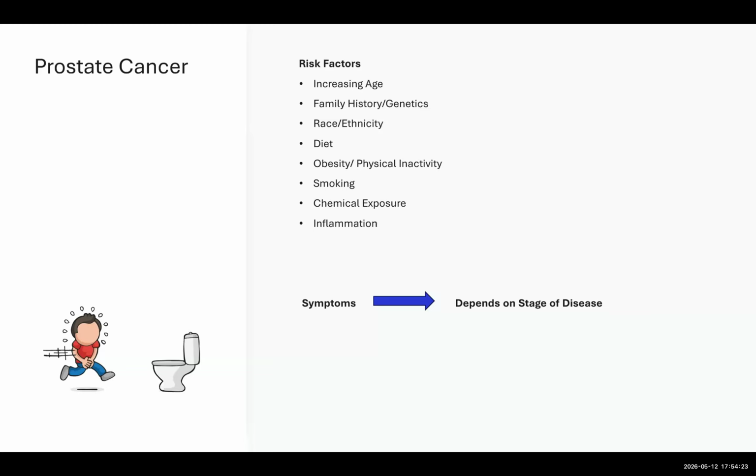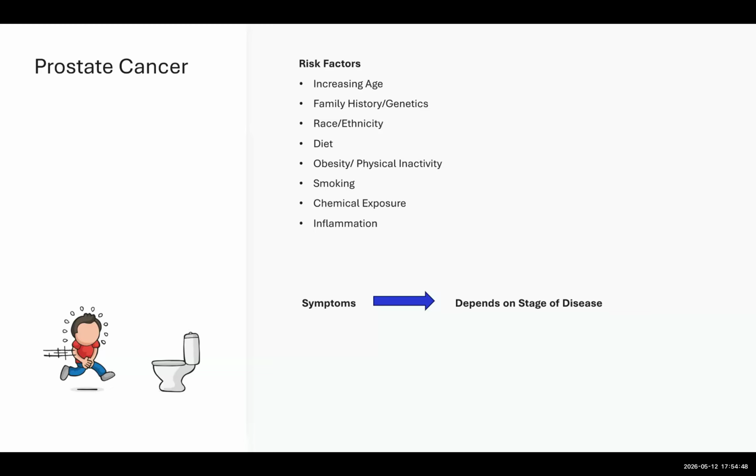Afro-Caribbean males tend to have a higher risk of getting prostate cancer and more aggressive disease. Diet, things like polyunsaturated fats, obesity, and physical inactivity have also been attributed to it as well. Smoking, we know, causes everything. Also chemical exposure, and there have also been some thoughts that recurrent prostatitis can lead to prostate cancer.